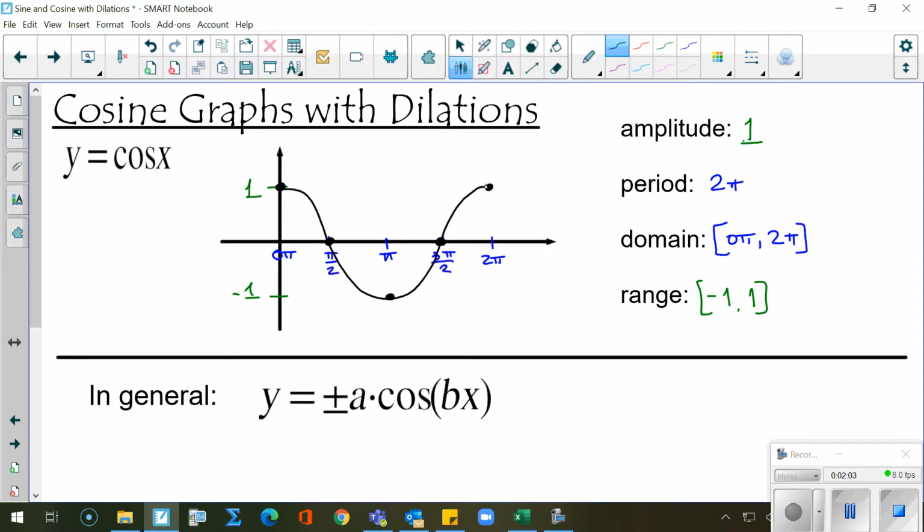So in general, with the transformations we're going to look at today, there might be a reflection. A negative A causes a reflection over x-axis, horizontal axis. It won't always be the x-axis.